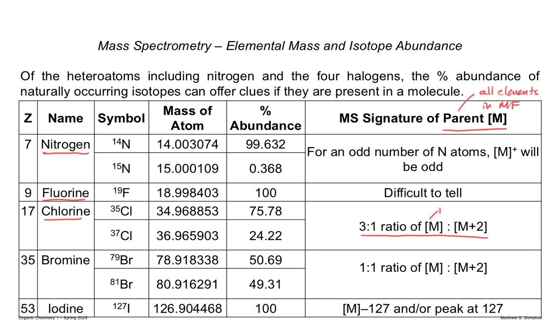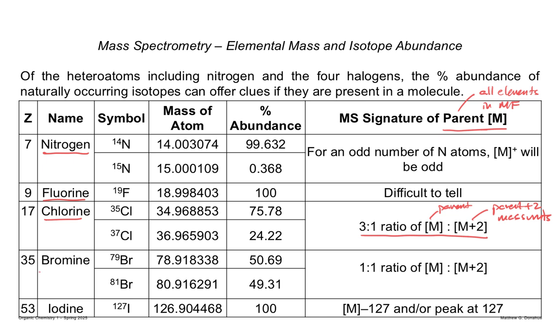So this is your parent M, and then in this nomenclature M+2. The difference between 37 and 35 is 2 mass units. So you're saying the parent plus 2 mass units. And that will answer the question of, okay, you have this molecular formula at a certain mass. Why do you have lines greater than that mass? It's due to these other isotopes being present. So we can say parent plus 2 mass units.